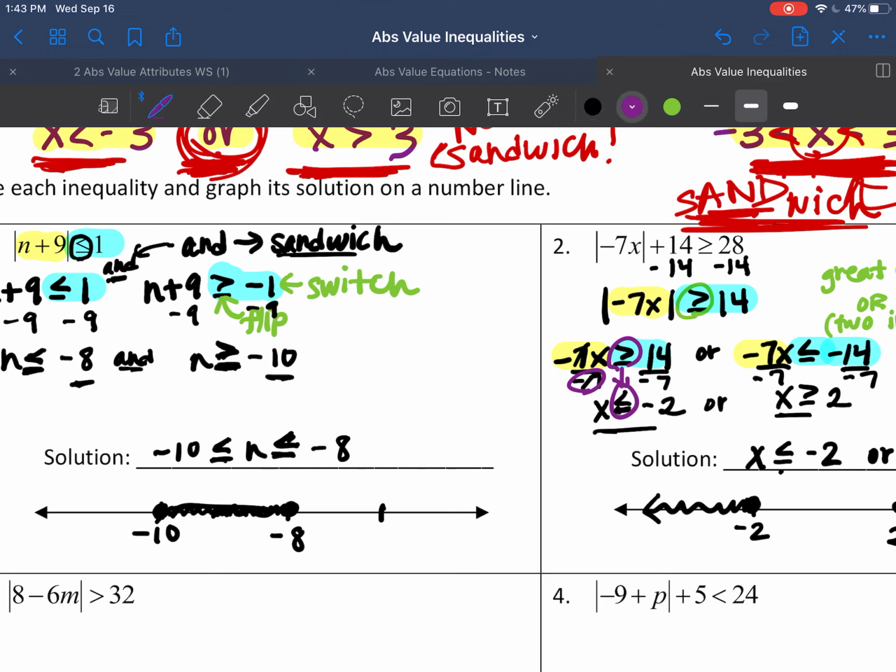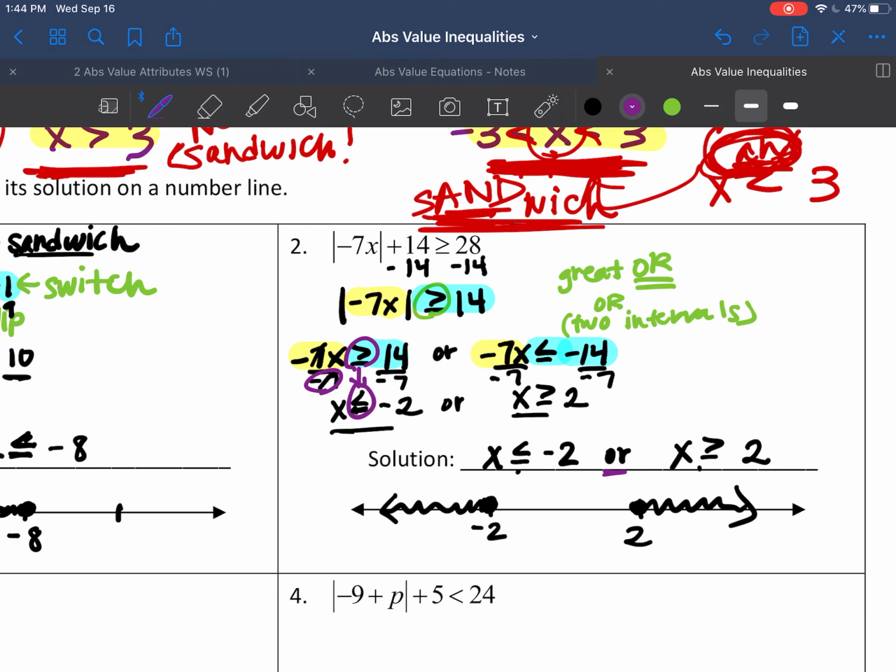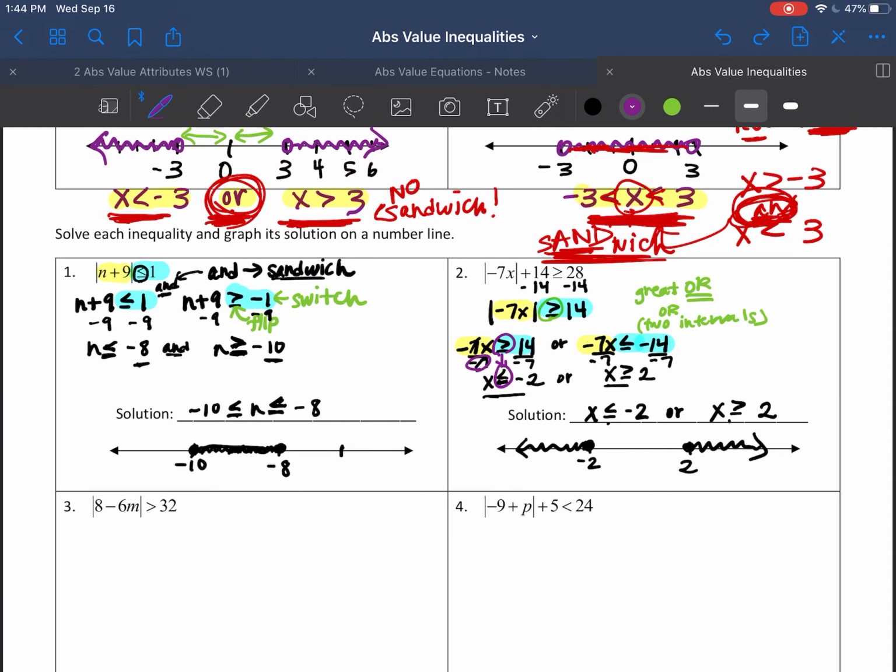But notice here, they are facing different directions. It's a good way to know you did something wrong if you end up with 2 inequalities with an or and they're facing the same direction. Okay, erase that.